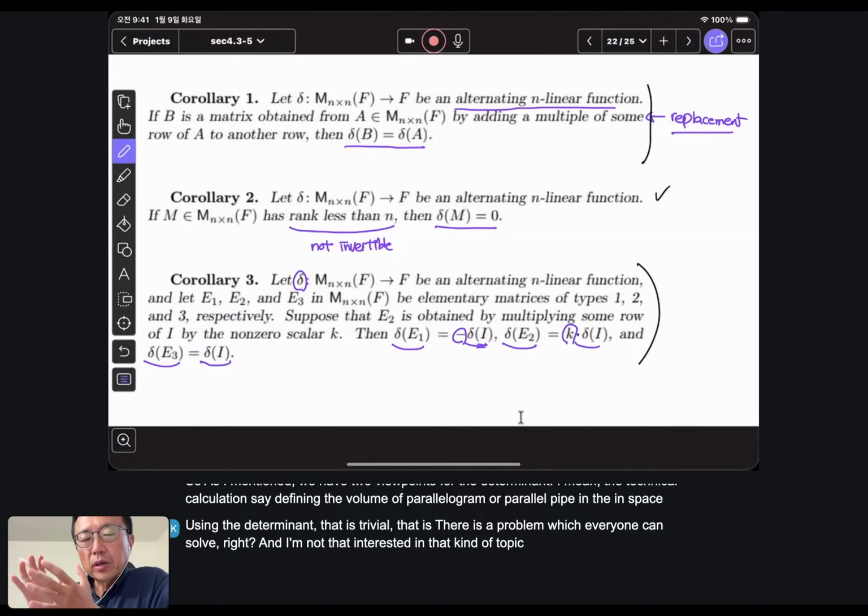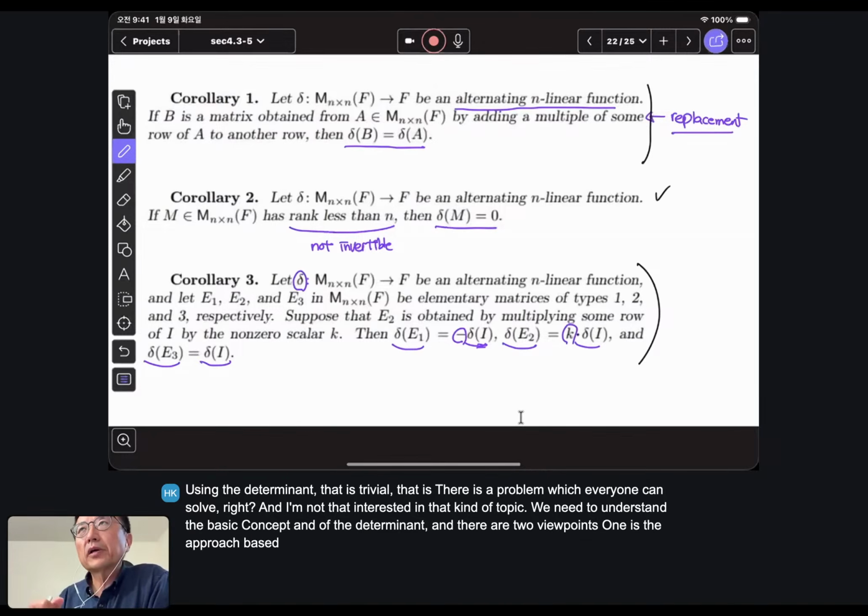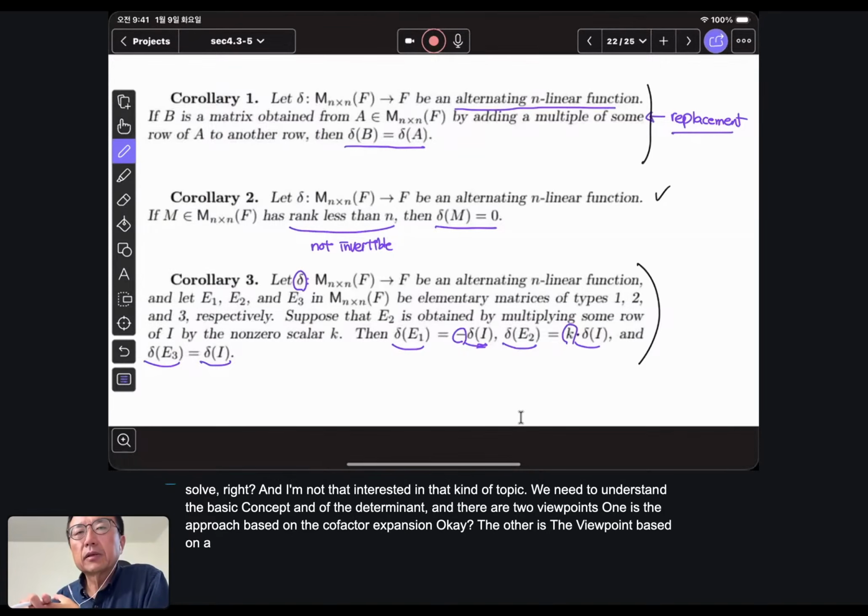Okay, we need to understand the basic concept of the determinant, and there are two viewpoints. One is the approach based on the cofactor expansion. The other is the viewpoint based on a function delta.